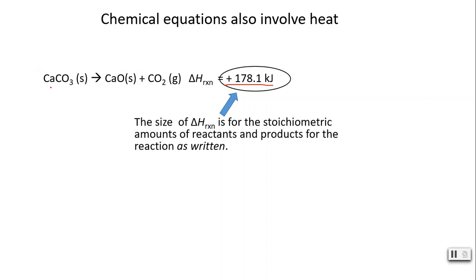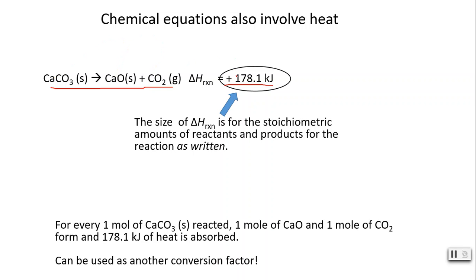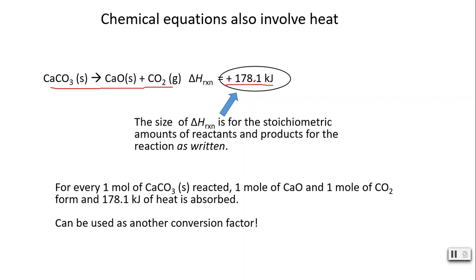So if I was just to give you this chemical equation, you would say, oh, I know for every 1 mole of calcium carbonate, I have 1 mole of calcium oxide and 1 mole of CO2. We can also add to that statement that for every 1 mole of the calcium carbonate, I get 1 mole of calcium oxide, 1 mole of carbon dioxide gas, and I get 178.1 kilojoules of heat that is absorbed.